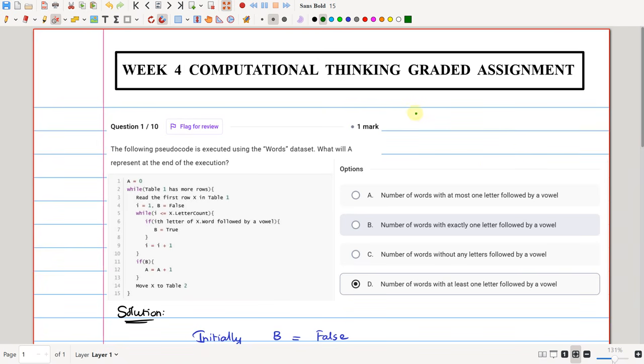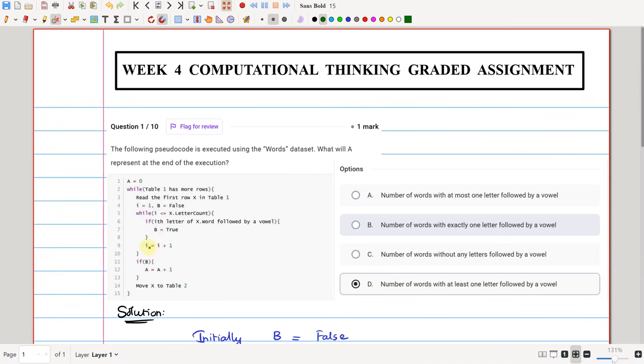If the first letter in the word is followed by a vowel, then you have to set B is equal to true. See here, while I is less than or equal to x dot letter count, if the ith letter of x is followed by a vowel, then B is equal to true.